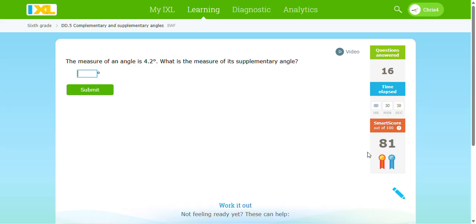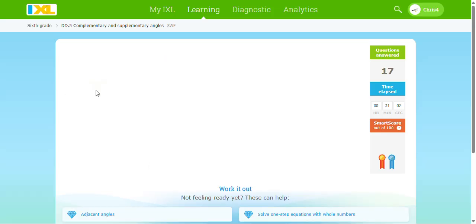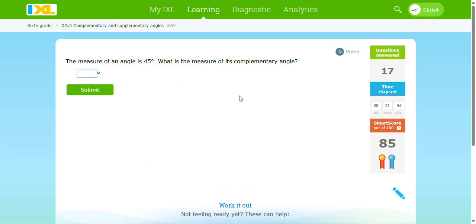Let me see. 180 minus 4.2. I think it's 175.8.